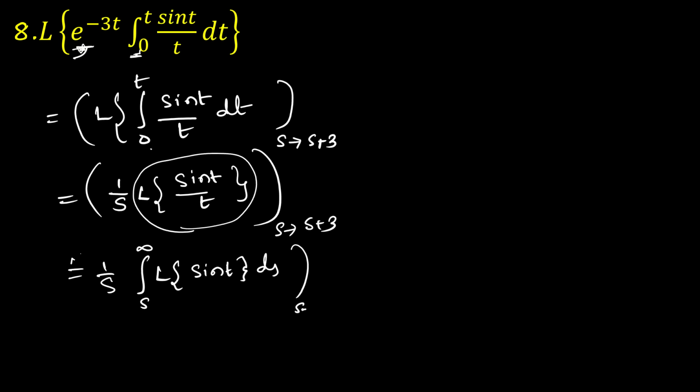Again s changes to s plus 3. So this one is equal to 1 by s of integral s to infinity L of sin t, 1 by s square plus 1 square into ds. Again s changes to s plus 3.